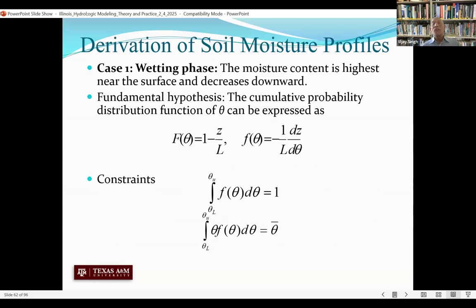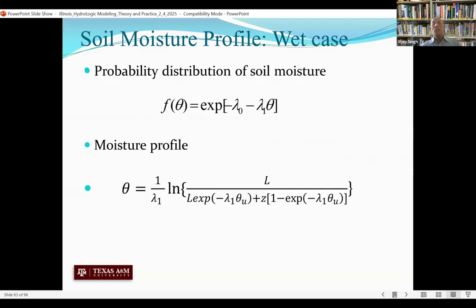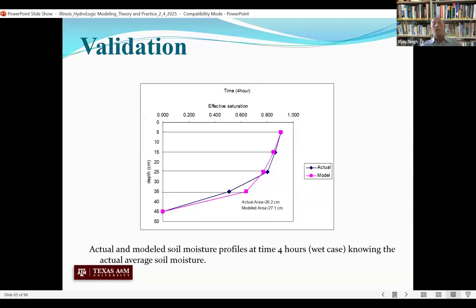The wetting phase means the saturation front is moving from the land surface down below. In the drying phase, it is the other way around. But in the mixed phase, it can be both ways. You can have a drying front that meets the saturation front, or a saturation front that meets the drying front. You can derive this using the entropy theory, which is what I've done here.